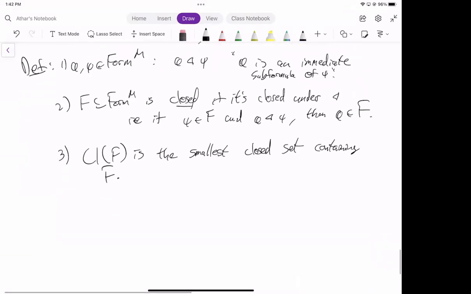Okay. And so often I'll look at closures of single formulas, or of singletons.